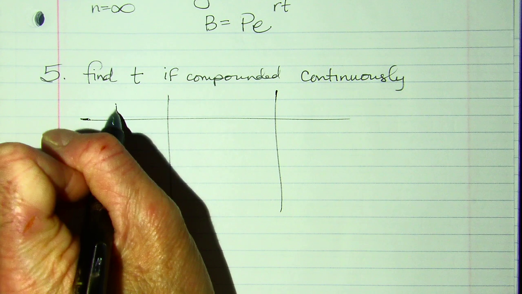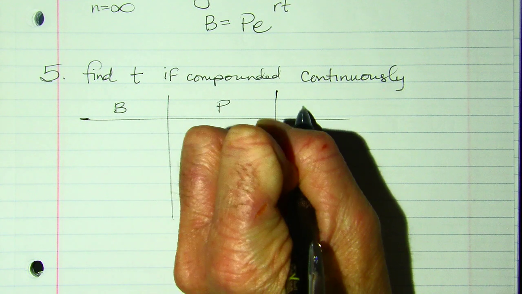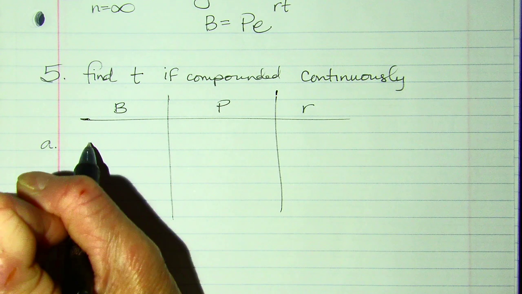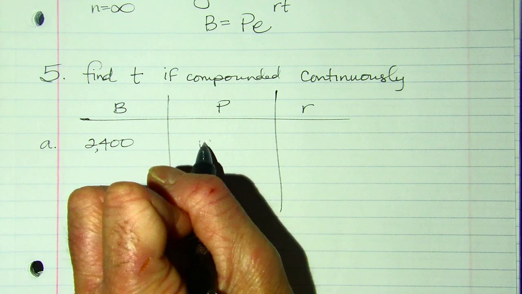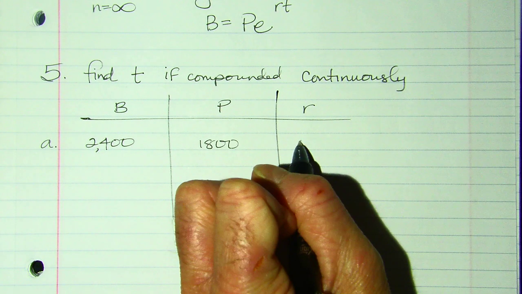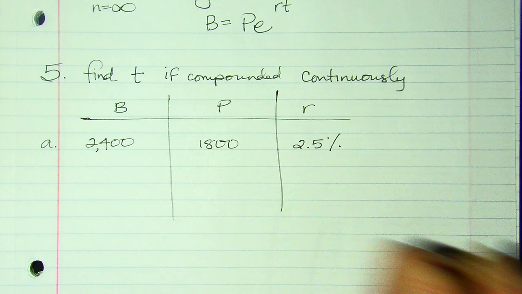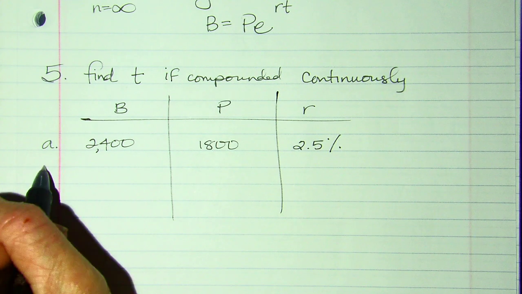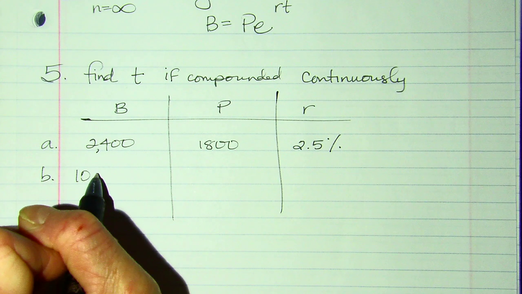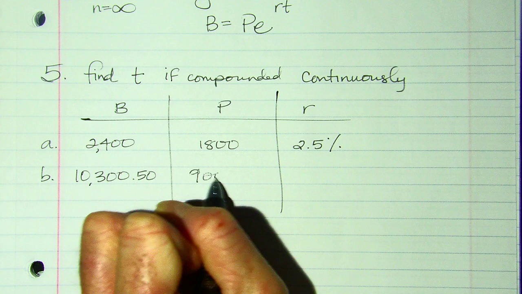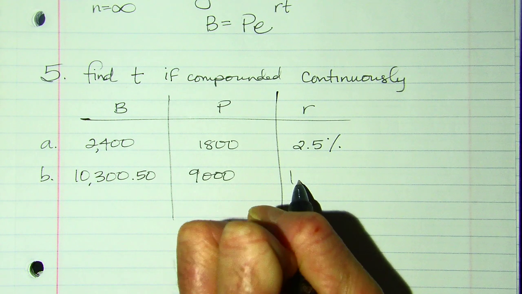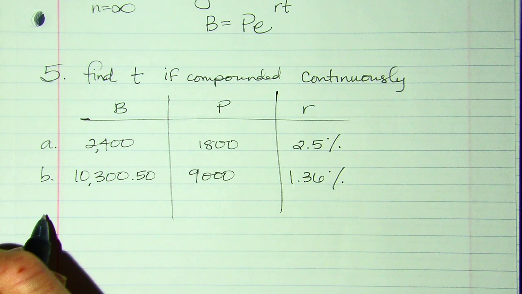So here's my balance, principal, rate. Part A, if I want a total of $2,400 and I'm going to deposit $1,800 and my rate is 2.5%. B, if I want $10,350 and I deposit $9,000 and my rate is 1.36%.